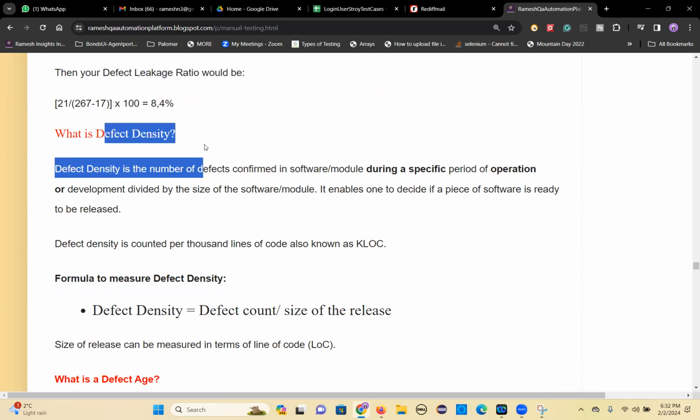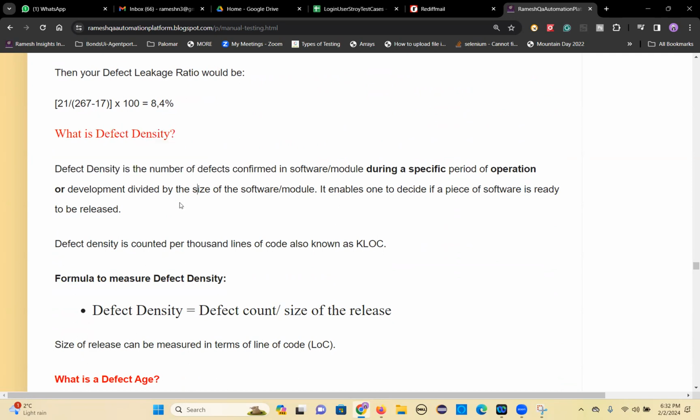So what is a defect density? Defect density is the number of valid defects found in a particular module or application during a particular period of time. You divide the total defect count by the size of the application.